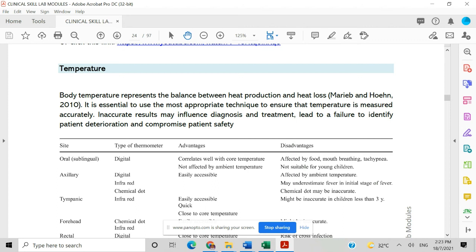So what does it mean? Usually when the temperature is raised due to the dental infection, you need to give antibiotics to the patient, because it has already become systemic.